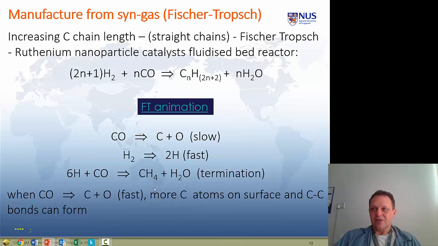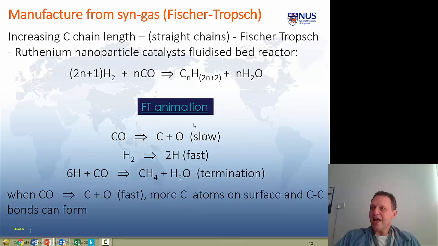The trick to this reaction, and I want you to remember this because later on we're going to be looking at the electrochemical reduction of carbon dioxide, and it's similar, is you have to have on the surface of the catalyst an opportunity for the carbon atoms to build up in concentration so that then they can react with each other to form the longer chains.